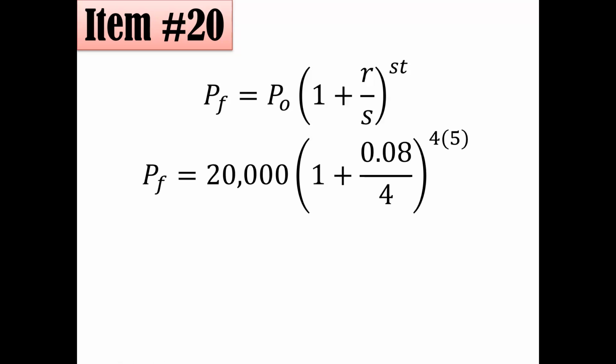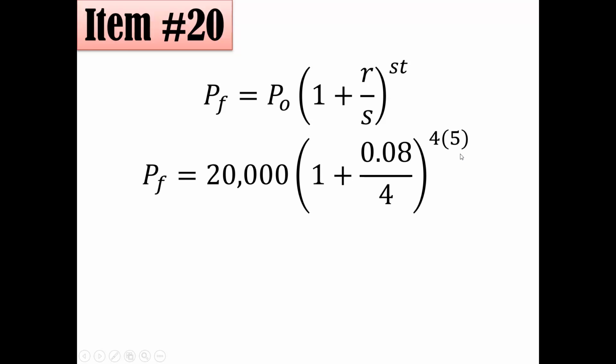Sabi po kasi sa problem, nag-invest ka ng 20,000 pesos at 8% compound interest compounded quarterly for 5 years. So P sub O is 20,000. R is 8% or 0.08. S is 4, so 4 din dito sa exponent, raised to 4 times the time, which is 5.